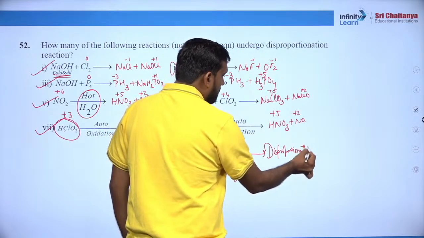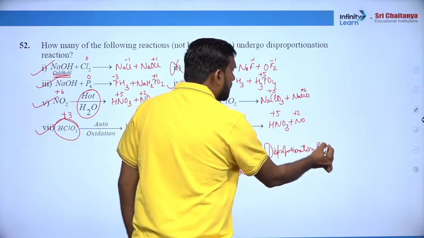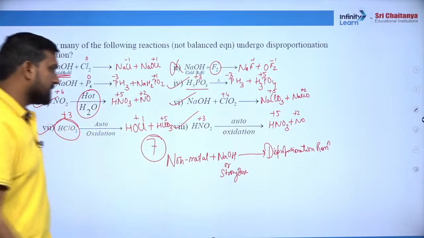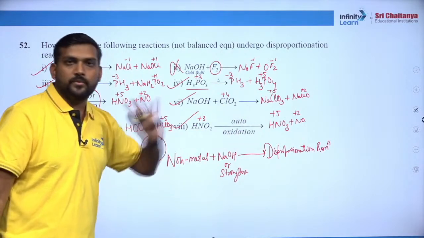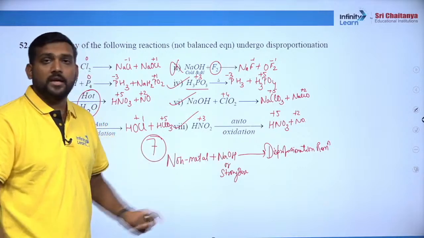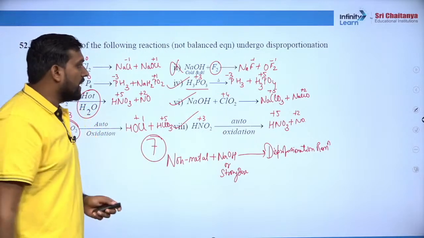So this is what happens. The non-metal, whenever it reacts with a strong base, undergoes the disproportionation reaction. Remember this trick, it will be very useful for you to score higher in examinations.